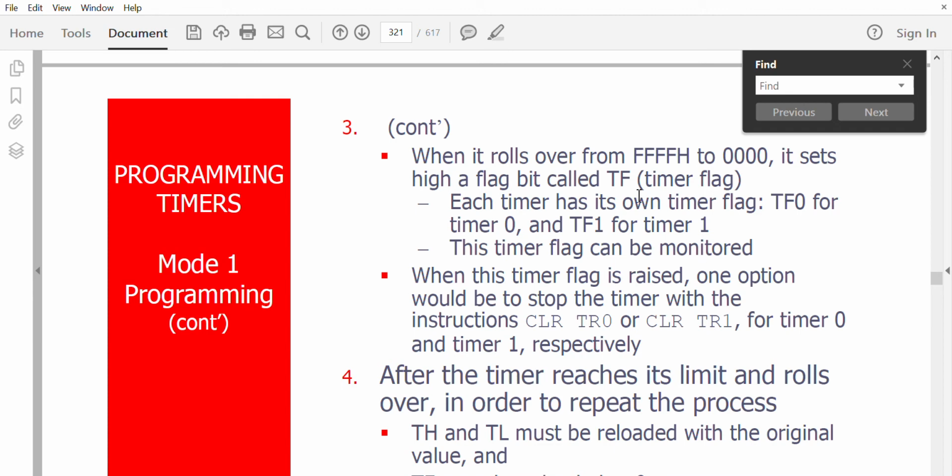So when this incident happens, we know that one cycle has completed and the other cycle is yet to begin. So when TF becomes equal to 1, you can either stop the counting by giving clear TR0 or clear TR1, whichever timer is now counting.